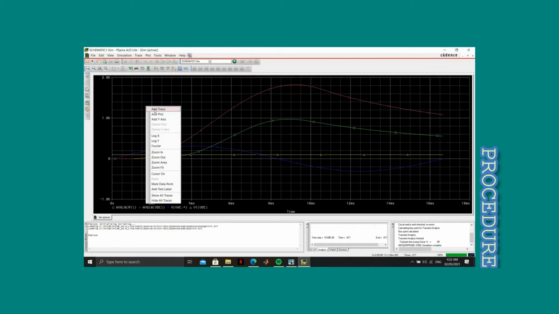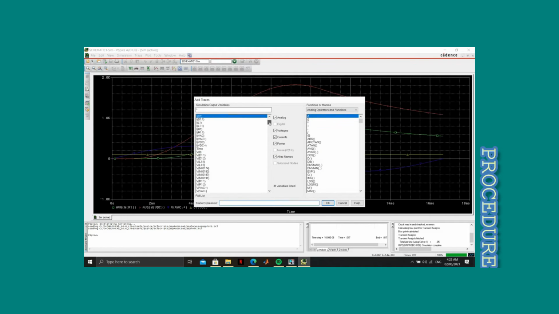Moreover, we can see when we add the voltage waveform of the resistor.